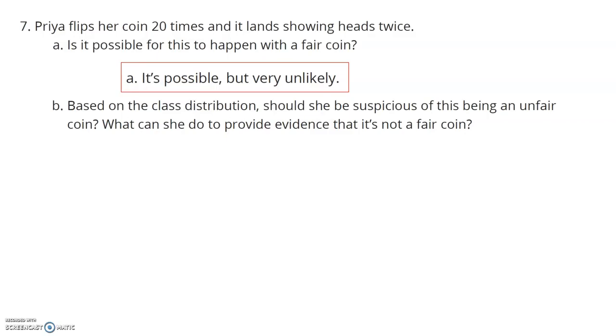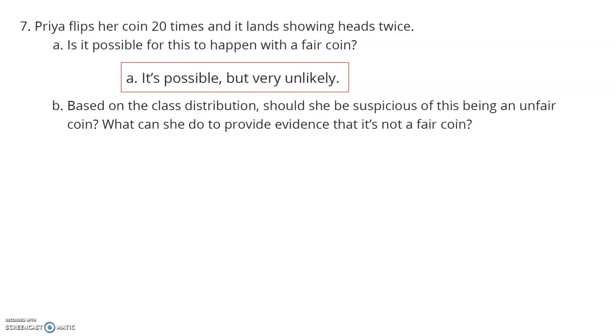So you're choosing a side, and then based on your distribution, we come up with something that's going to back up our answer. Why are we saying that? It says, based on the class distribution, should she be suspicious of this being an unfair coin? What can we do to provide evidence that it's not a fair coin?